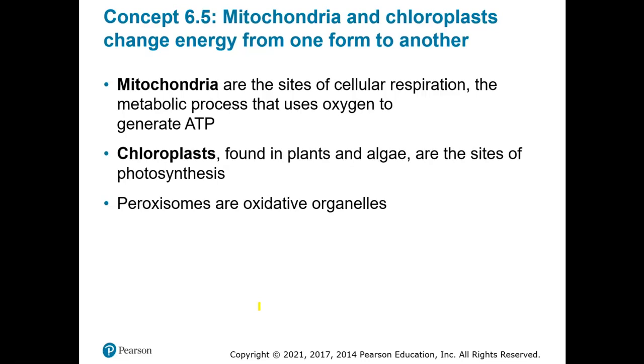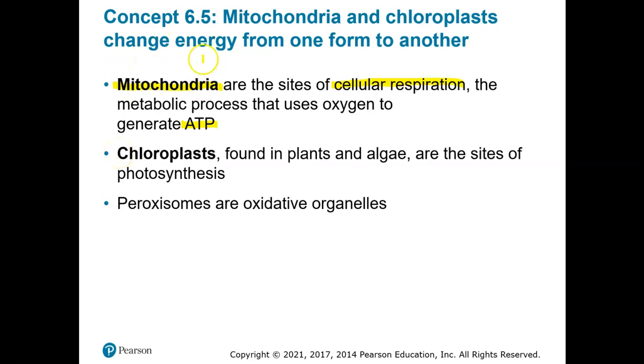Now we're going to move on to 6.5 and talk about the organelles that have to do with energy. Mitochondria produce energy in the form of ATP, and that process is called cellular respiration. It takes glucose from the food that we eat in the presence of oxygen, and during that reaction, ATP is produced, and ATP is the molecule that our cells use for energy.